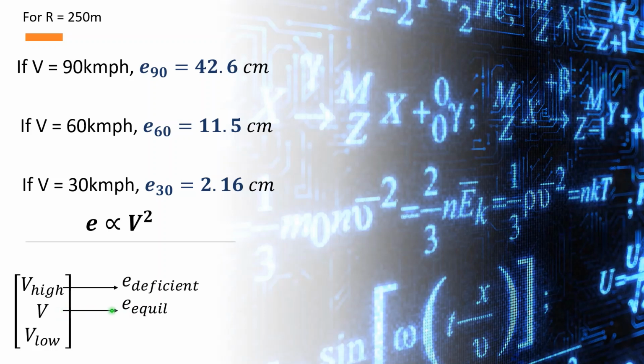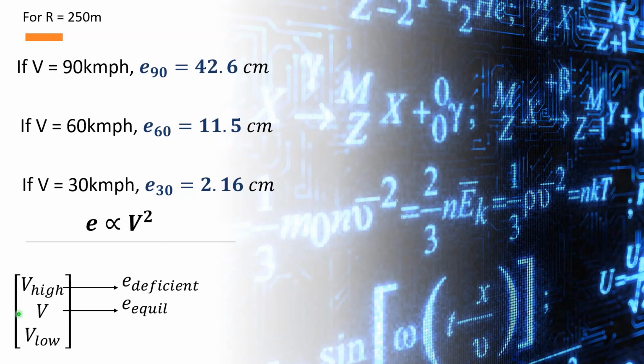For example, if 60 is the average speed of trains running on a route, then the equilibrium super elevation becomes 11.5 centimeters. Then what happens to a train which runs at a higher speed than that? The required super elevation will be 42 centimeters, but since we are considering the average speed, it will only be 11.5 centimeters.